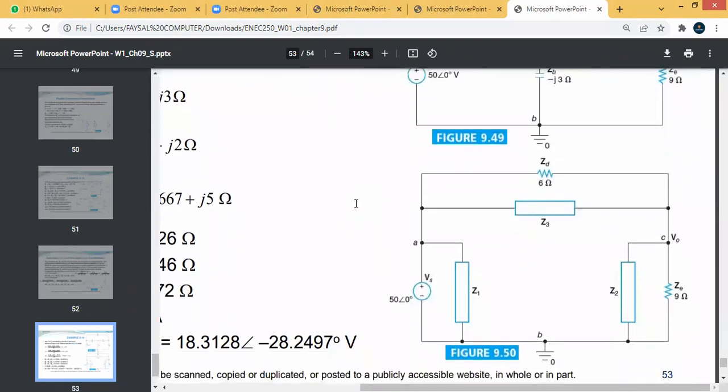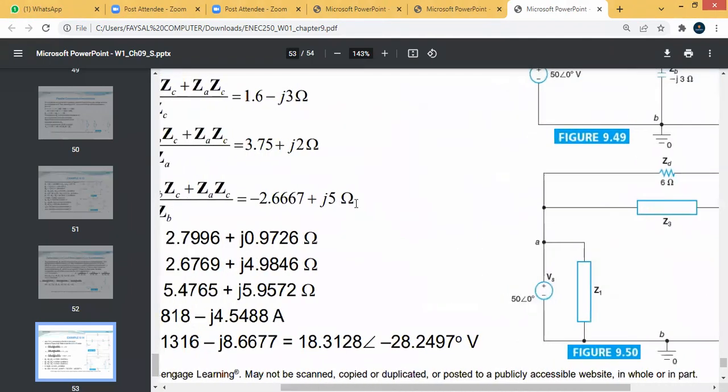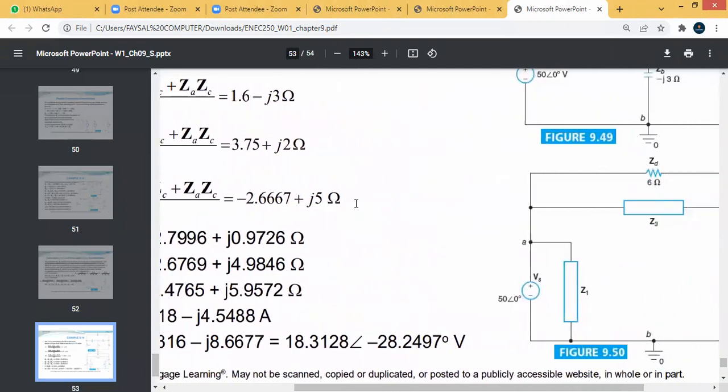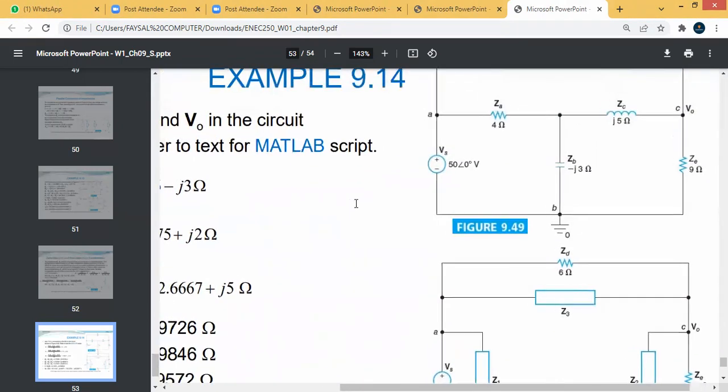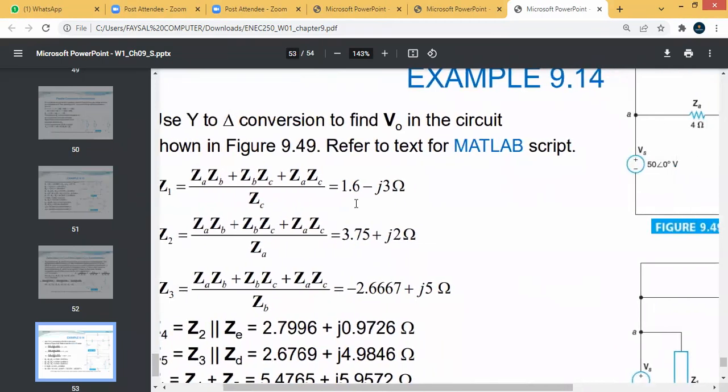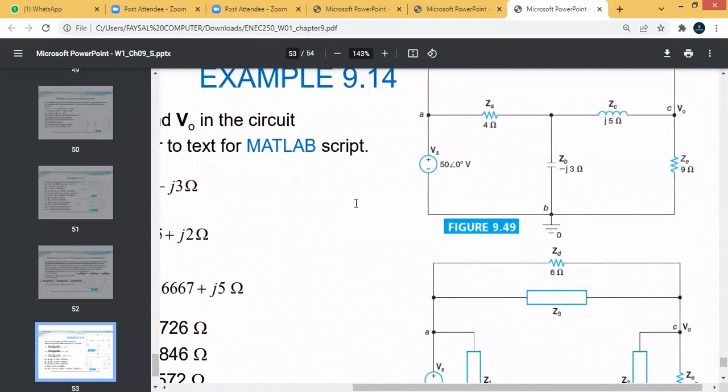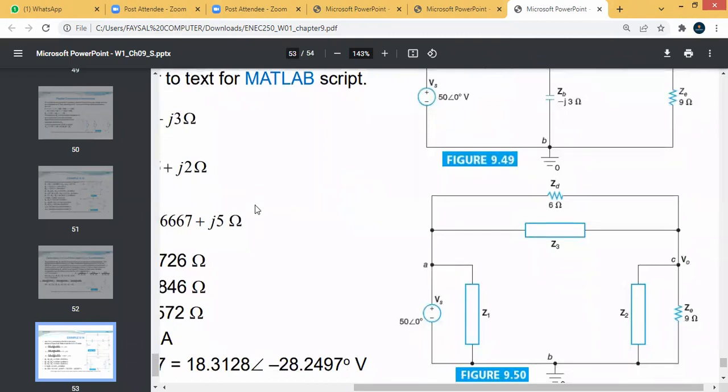Now from this point, my Z4 value shows that my Z2 is parallel to ZE. So where is Z2 and where is ZE? Here this value Z2 and this value are shown to be parallel to each other.